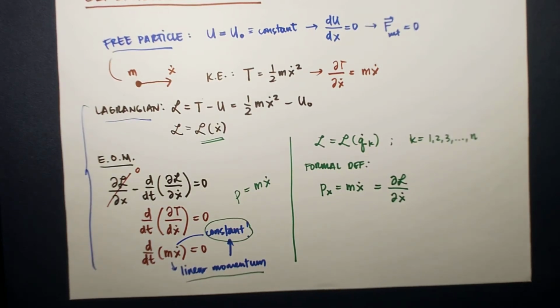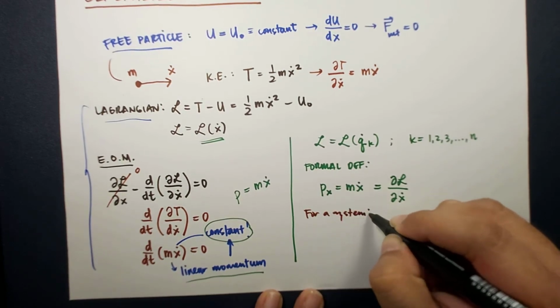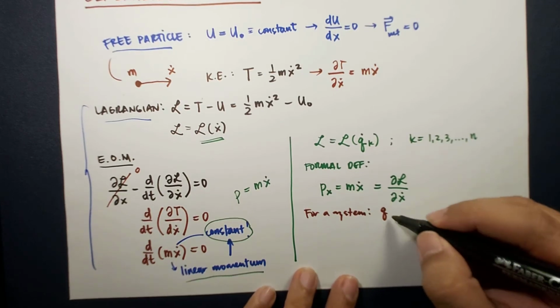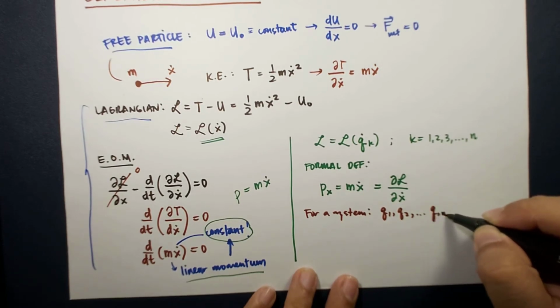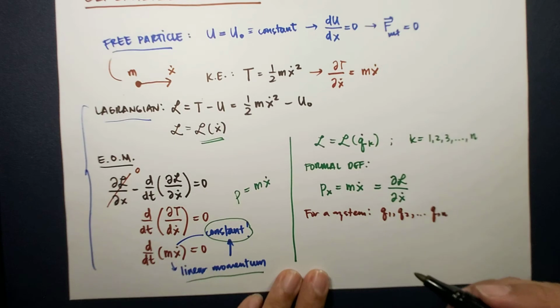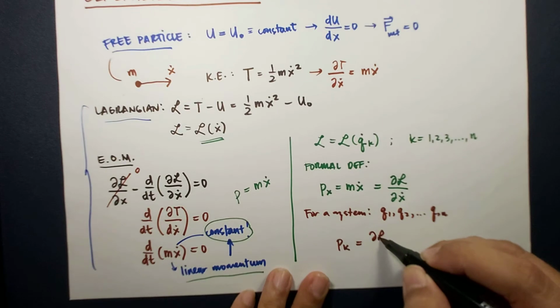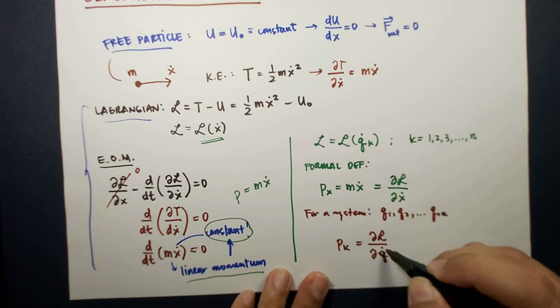So for a system described by generalized coordinates q, let's say q1, q2, up to qn, the quantity pk is equal to the partial derivative of the Lagrangian with respect to the generalized velocity.